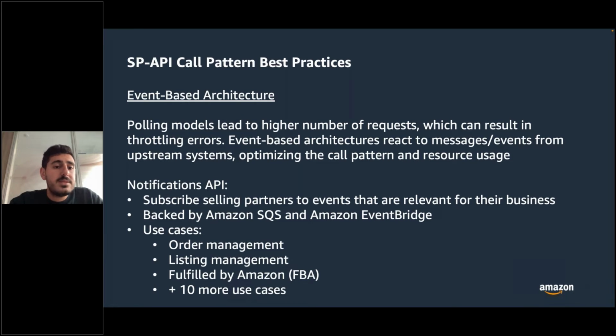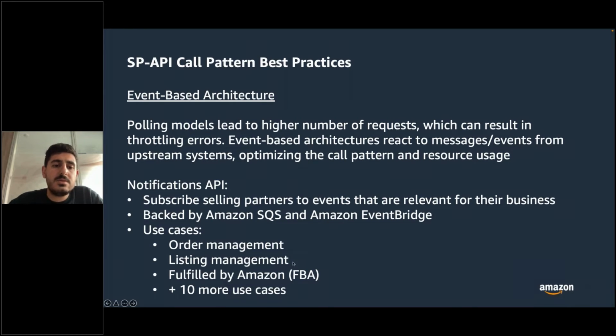This is all backed by Amazon SQS and Amazon EventBridge. So instead of polling for information, your application can receive it directly from Amazon when an event is triggered. Whenever you receive a certain event, the notification is triggered, and then you can proceed with your work. There are many use cases for that.